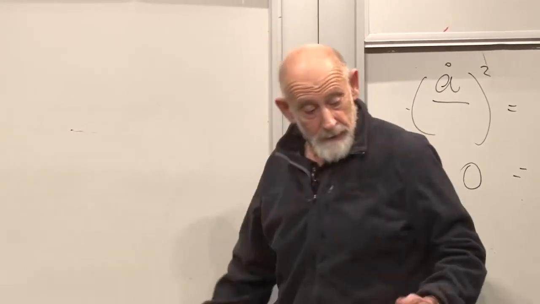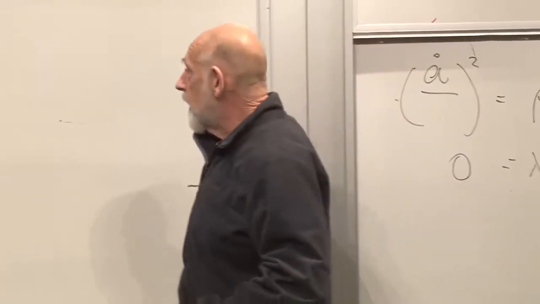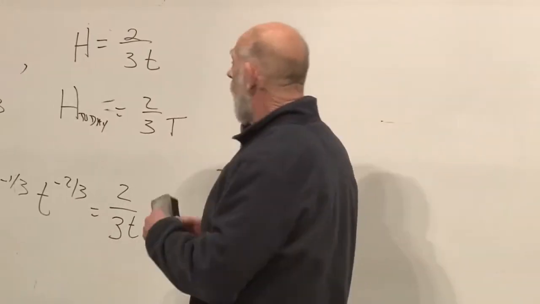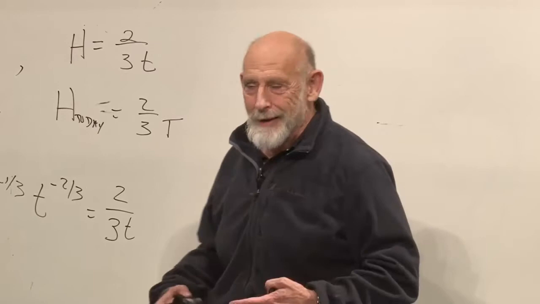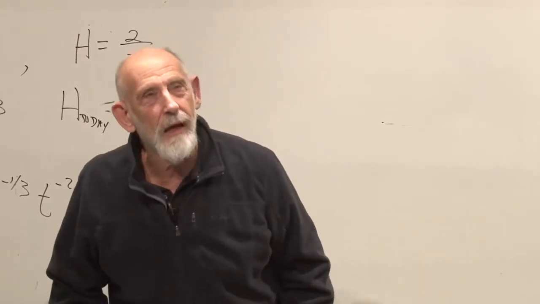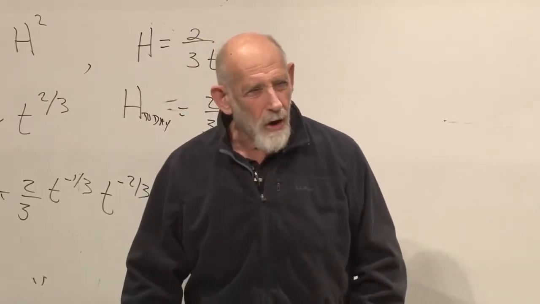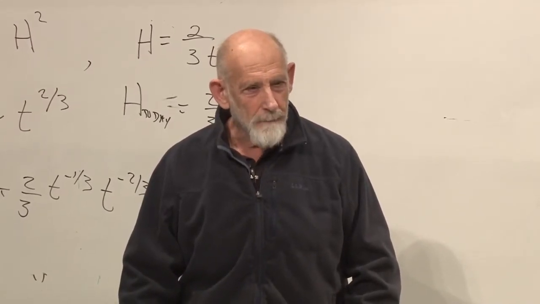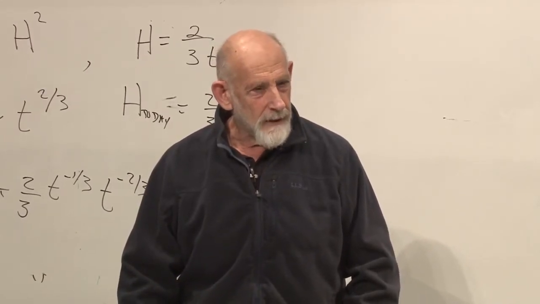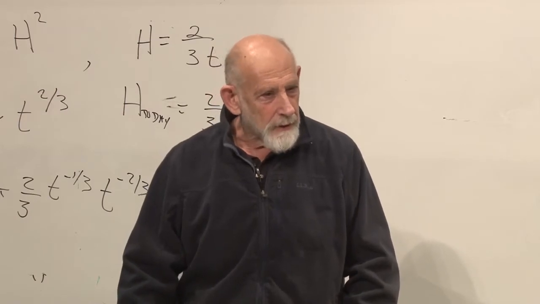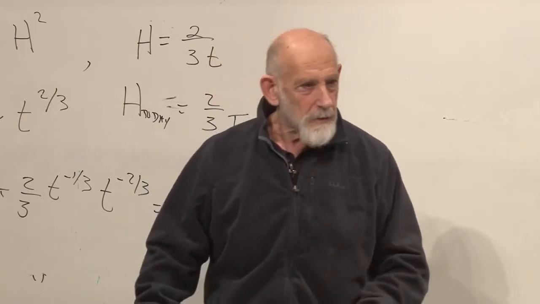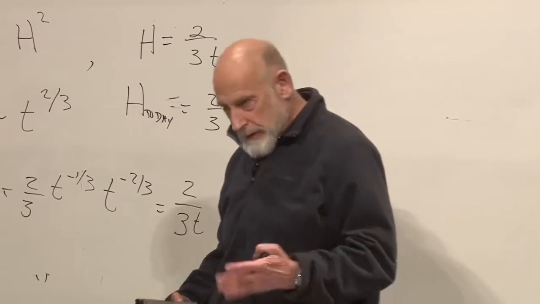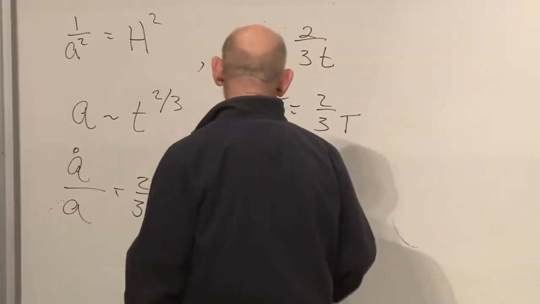So we know something else from the Hubble constant. Having measured it, Hubble, as I said, was wrong by a factor of 10. He got the Hubble constant too large, if I remember, and therefore the universe was too young by a factor of 10. I think he got roughly 1 billion years, and the answer is more like 10 billion years, but that's just from measuring the Hubble constant.